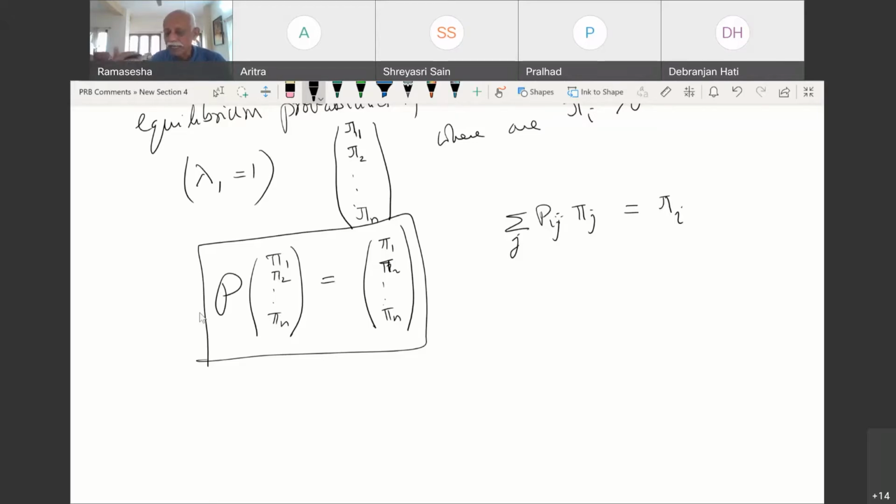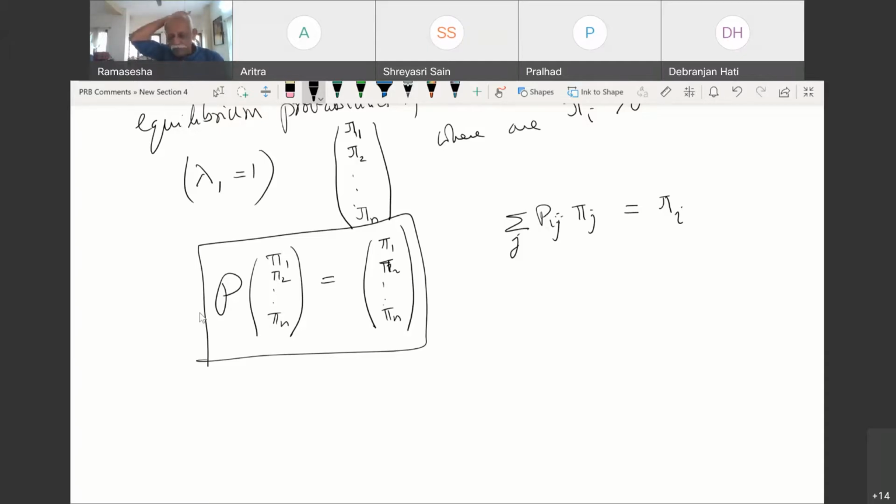This is the dynamic equilibrium that one is talking about. Molecule 1 goes to molecule 2, but then molecule 2 also comes back to molecule 1. So there is a constant back and forth switching governed by the probabilities Pij, and even if I do these transitions, I still get back the original probability pi.